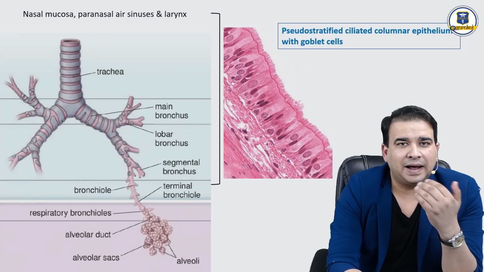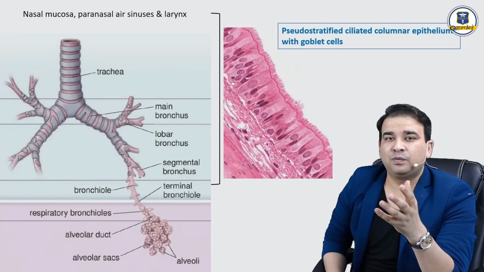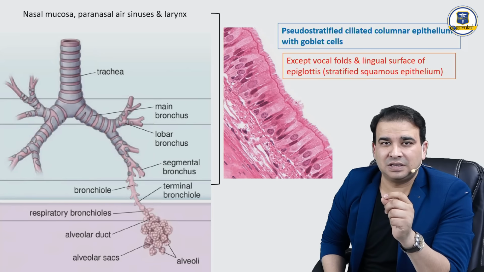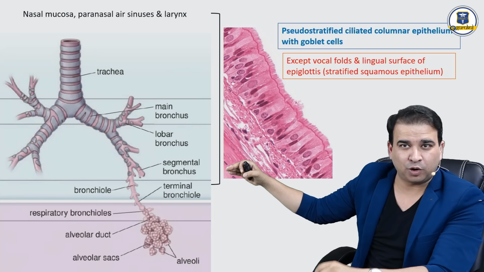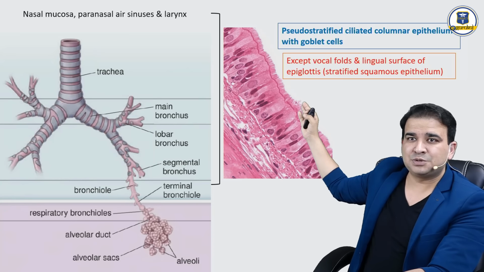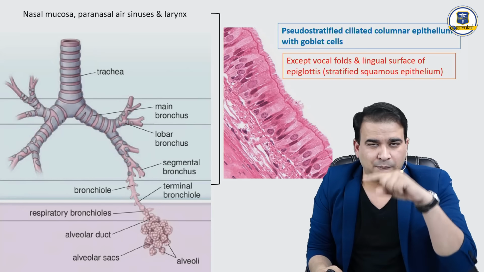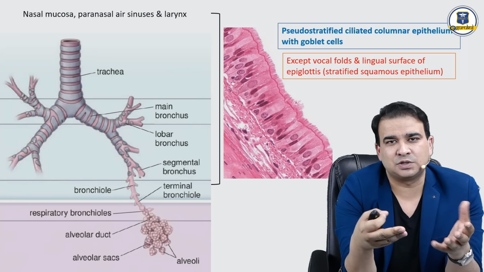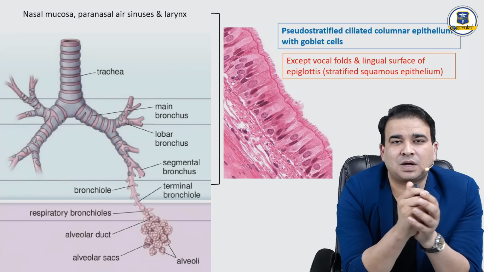Well, the vocal cord and the lingual surface of the epiglottis are subjected to a lot of friction, and we said whenever there is friction, the lining epithelium has to be stratified squamous epithelium. So this is the epithelium of the respiratory tract till the proximal bronchiole. Remember these exceptions: the true vocal cord, and also the upper border and the anterior surface of the epiglottis, also called the lingual surface or the oral surface of the epiglottis, where we have stratified squamous epithelium.